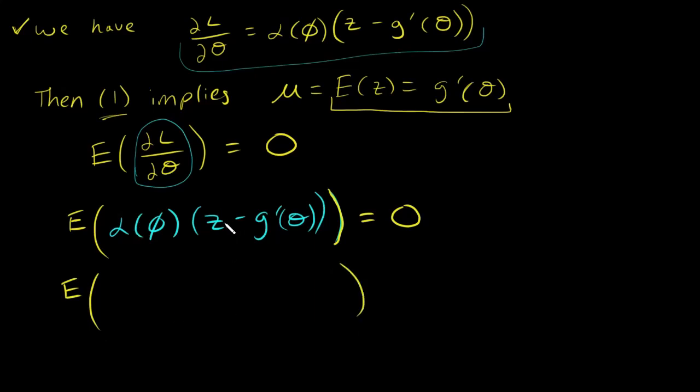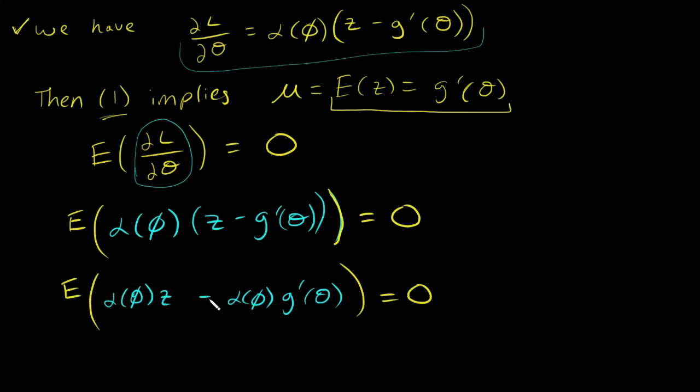All right, so now let me do some manipulation here. Let's distribute this alpha of phi. So I get alpha of phi times z minus alpha of phi times g prime of theta, and this equals 0. So now let's use our properties of expected value.